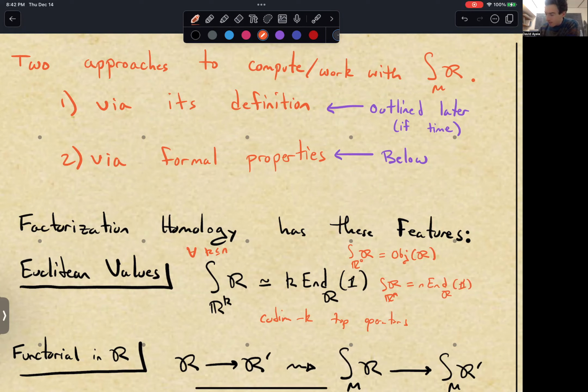So the codimension 0, or point, observables are this E_n algebra. That's one, and this is a theorem, not a definition. I'll mention some others that are pretty easy.